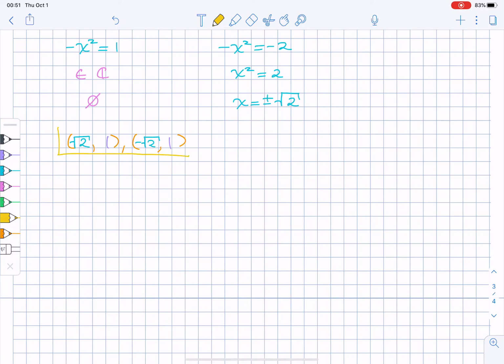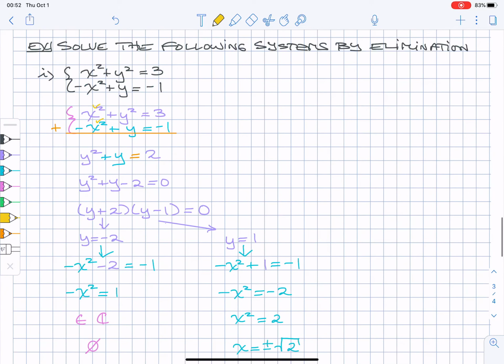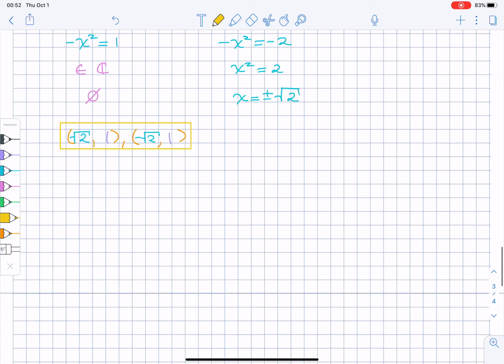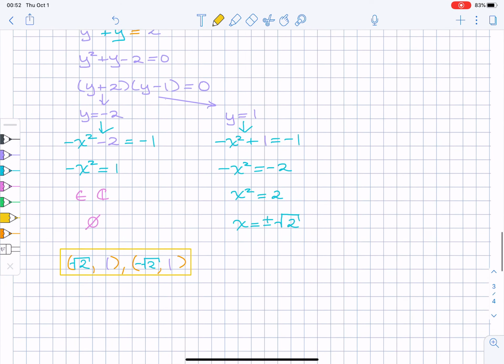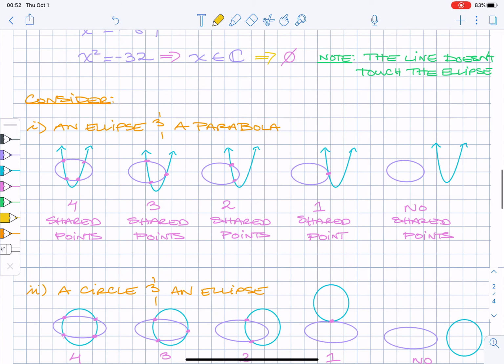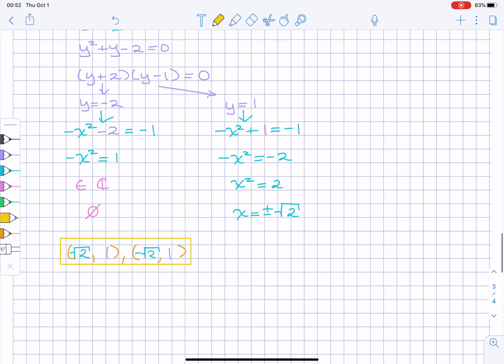let's go back and look at what we have. Okay, we had a circle and a parabola. So a circle and a parabola with 2 points. So that's going to be this case, right? So the parabola intersects a circle.